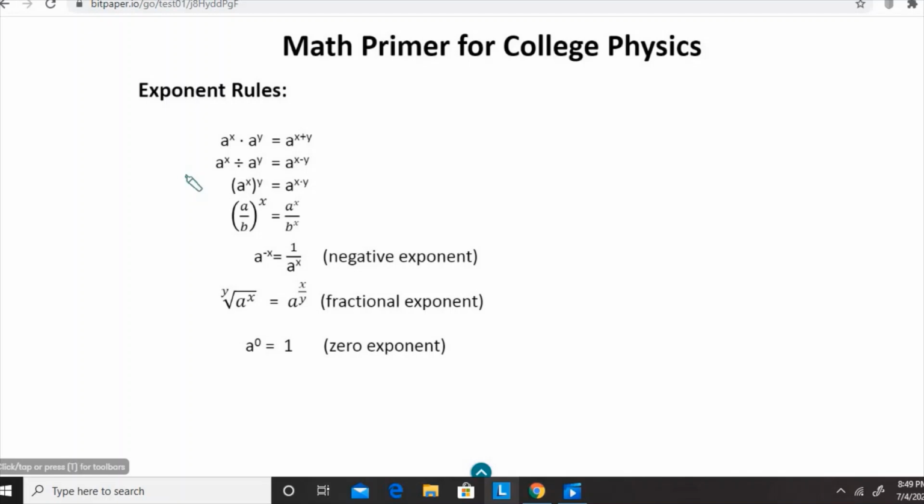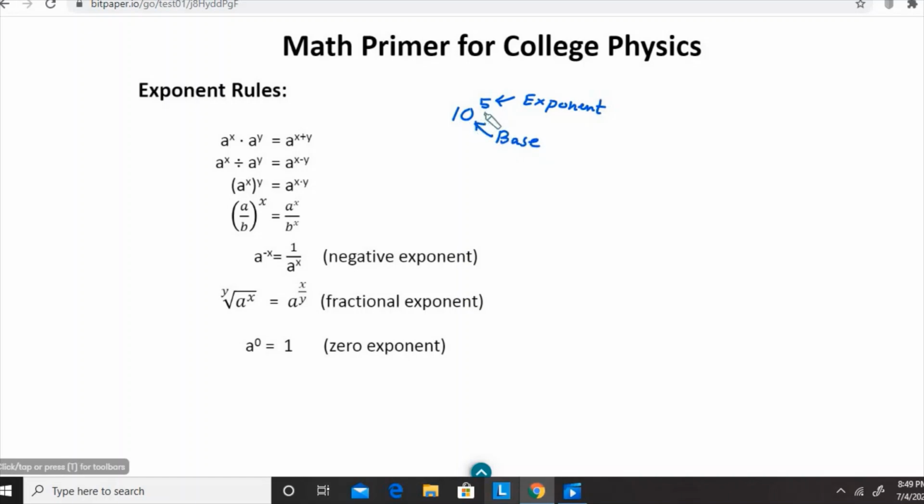I'm going to first talk about exponential rules and then give you some examples on it. When it comes to a number like this, 10 to the power 5, this 5 is what we call an exponent. This number 10 over here is usually called the base.